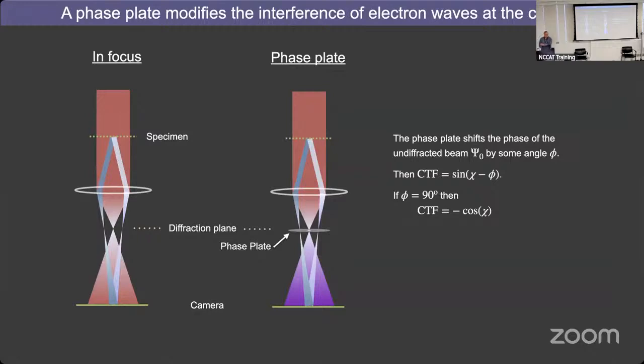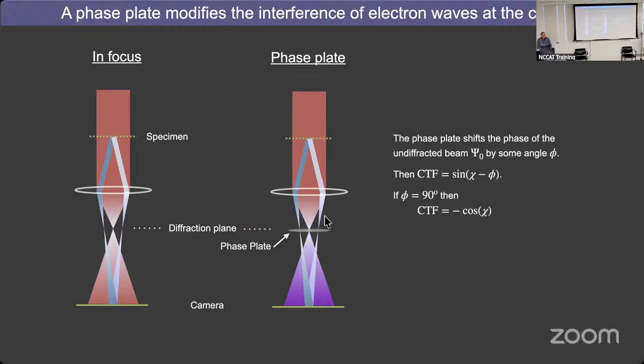Finally, I wanted to talk about phase plates. What does a phase plate do? A phase plate is a device that's put in the so-called diffraction plane of the objective lens. So if we have a parallel beam of incident electron waves, they get focused down to a point.